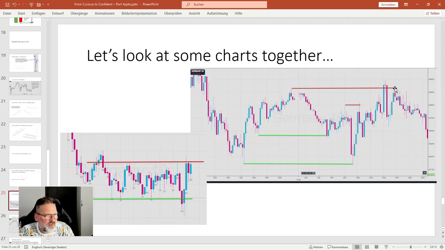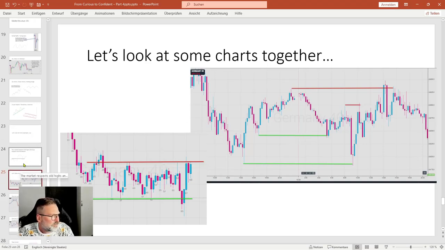Also up here, resistance. Here it's a little bit closer to each other. Here even closer. See? All would be valid trades.